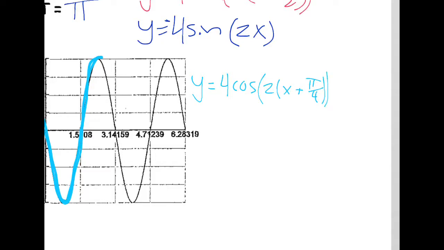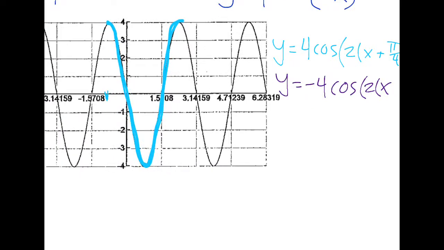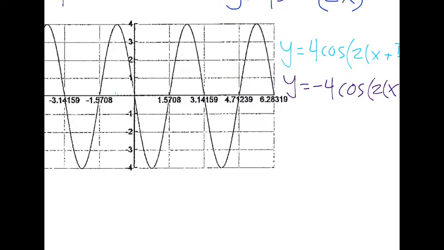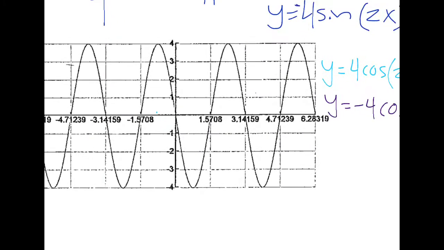And let's do one last one. Let's say y equals, let's do a negative cosine graph this time. Negative 4 cosine, still going to be the 2x, and let's just figure out what sort of phase shift we need to put into it. So, ignoring that blue one now, let's put this together. Cosine starting at its negative value. How about we choose this one right there?